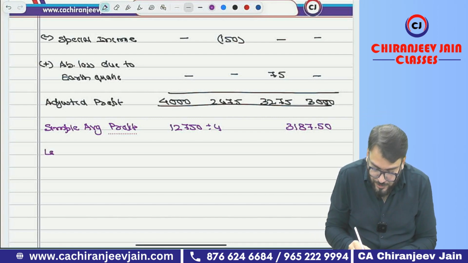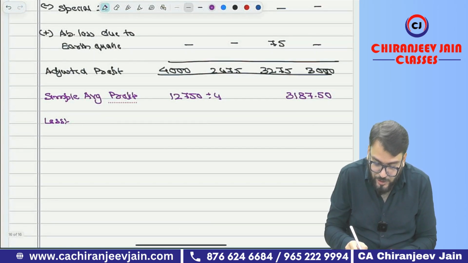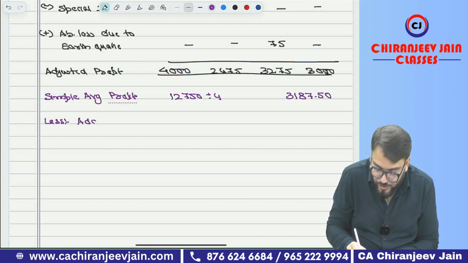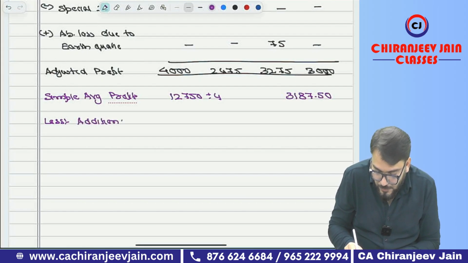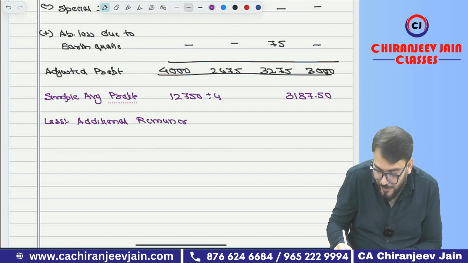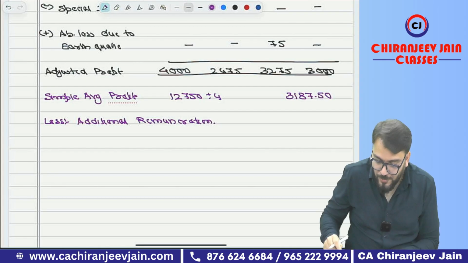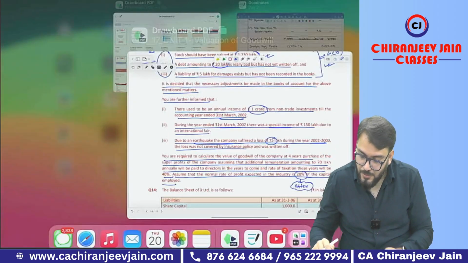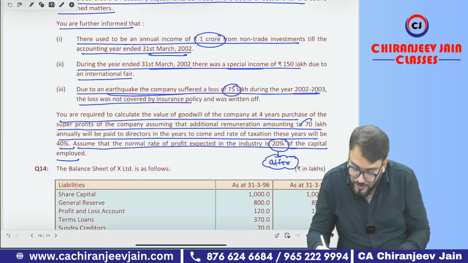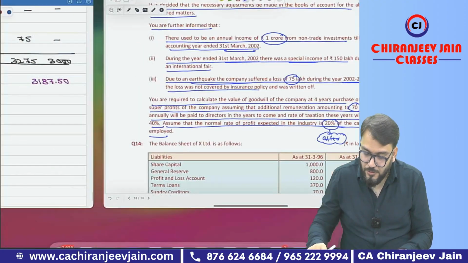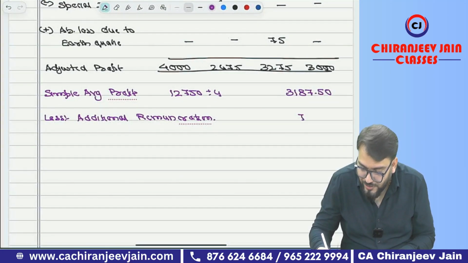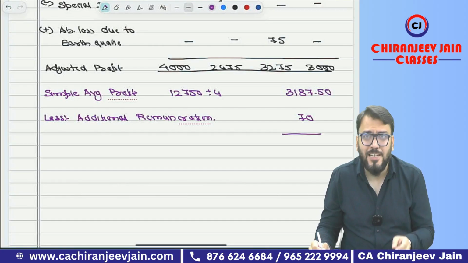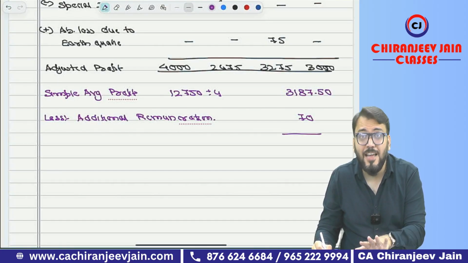Then from this we'll deduct additional remuneration, given in the question. Future remuneration, how much is given? Additional remuneration of 70 lakh. So minus 70 lakh. There is no additional depreciation because the rate of depreciation is not given, so you can't calculate that.